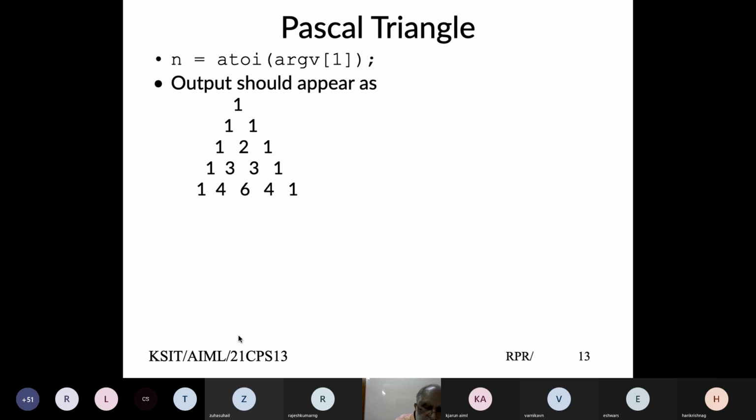If you look at this term, let's say this 10, this is obtained by, look at nCr and the relation between nCr and nC(r+1).